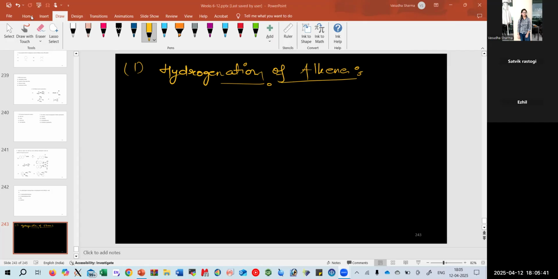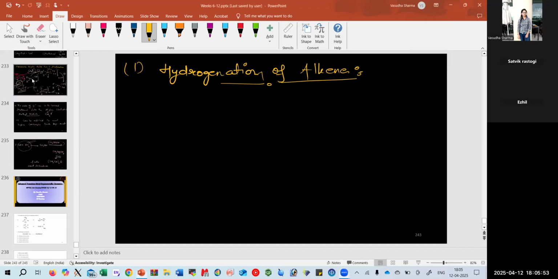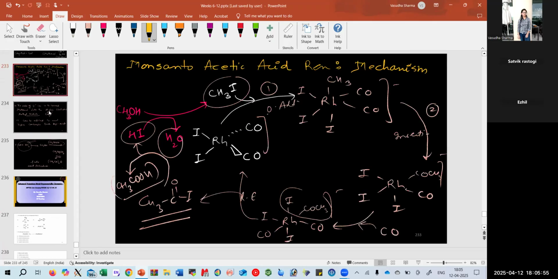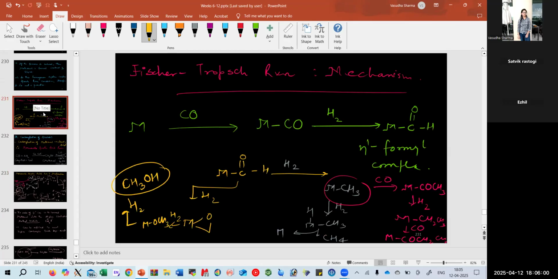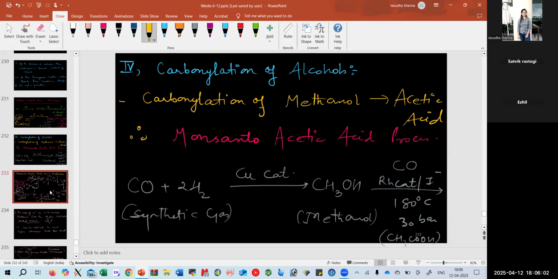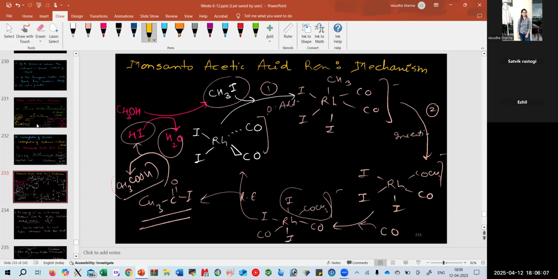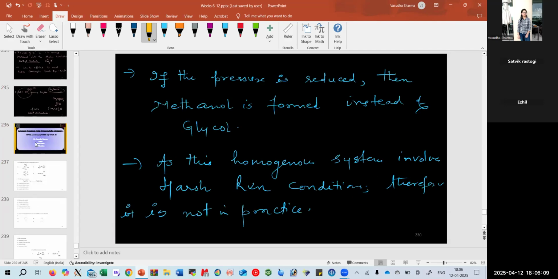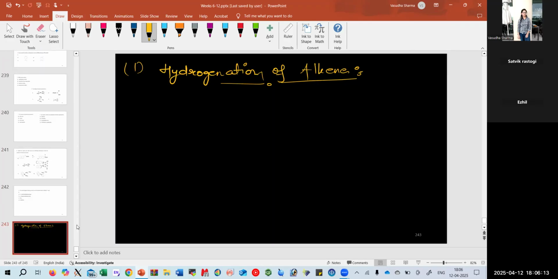So hydrogenation of alkenes, basically, it's a complementary reaction to the oxidation of alkenes. In the previous session, we have seen the oxidation of the alkene, making it epoxidized.